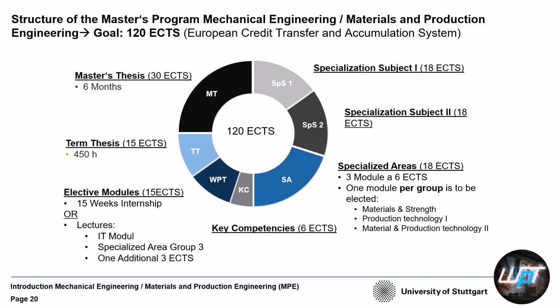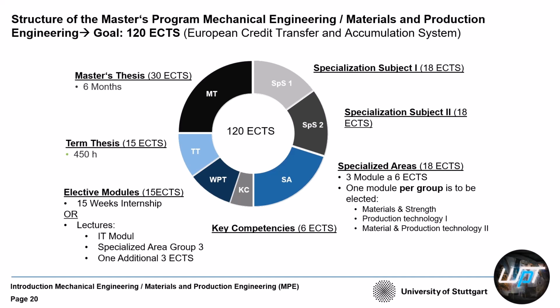3 further modules are offered to you. You have to choose one module per group, as mentioned here, which also delivers 18 ECTS to you. So you have to choose between the group Materials and Strength, Production Technology 1, or Material and Production Technology 2.